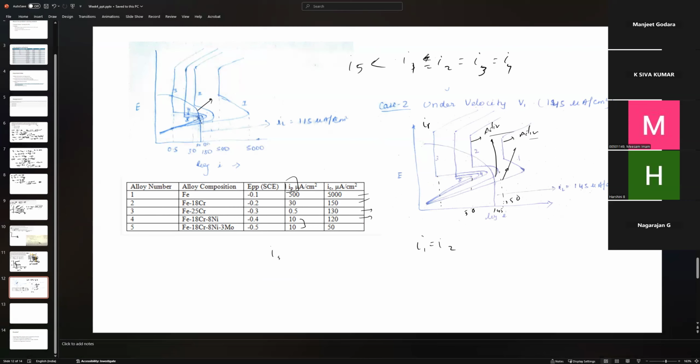So I4 is equal to I5, and I3 is the lowest. Then these two are equal since they're in the active regions, and again they're greater than this. I1 is equal to I2. So that would be the order.